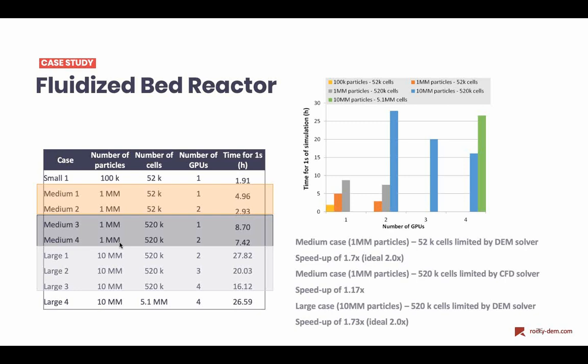And the CFD problem, most of the times, our customers are doing very, very fine meshes, which somehow dictates the problem. So we are not slow, but sometimes we are as fast as the CFD solver can handle the problem without generating extra bottleneck on the DEM calculation.